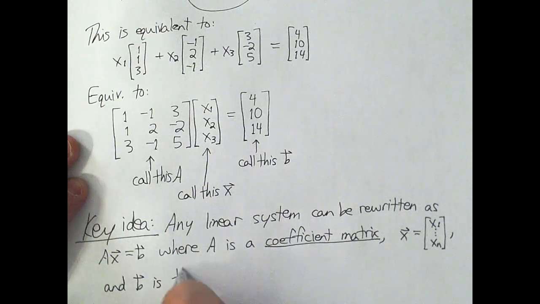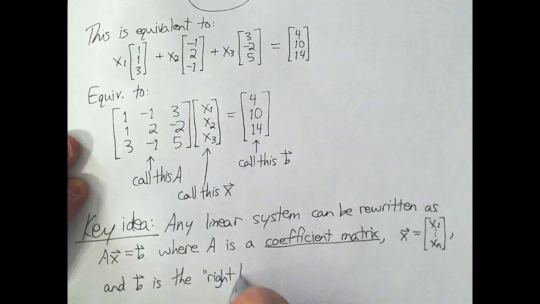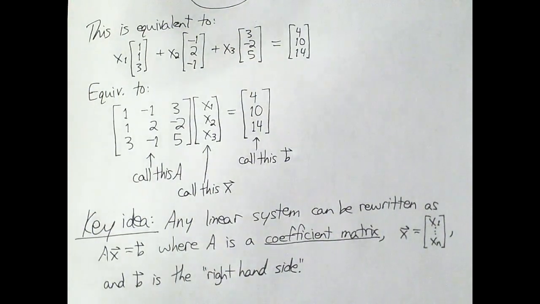And B is the right-hand side, a vector made up of the entries from the right-hand side. So this coefficient matrix is not to be confused with the augmented matrix of the system. The augmented matrix of the system would include the right-hand side, but this coefficient matrix does not.